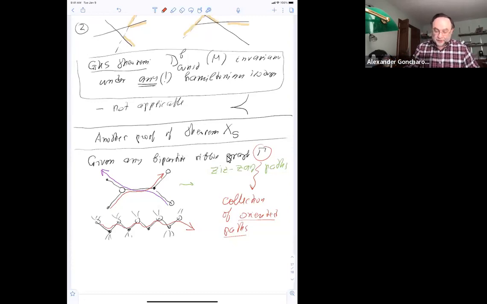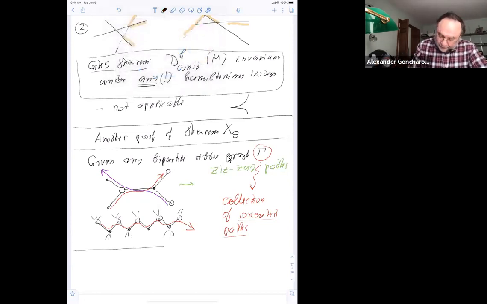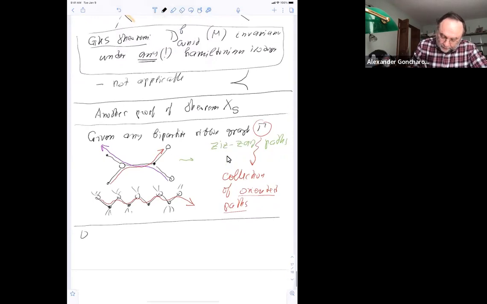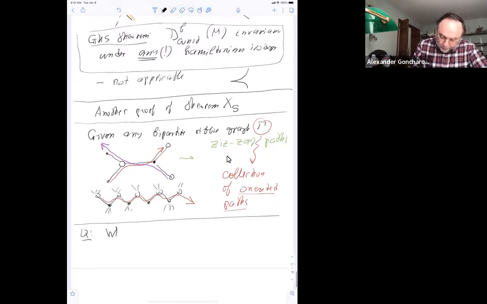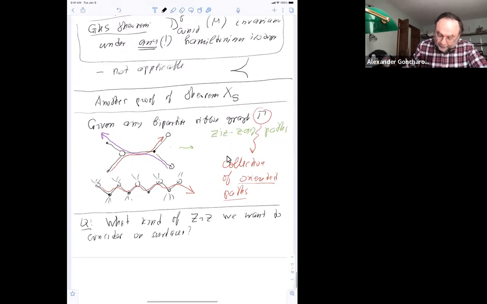That's how the two stories are related. Now I can ask a question: what kind of zigzags do we want to consider on surfaces which are relevant to our problem? Let's do an example.